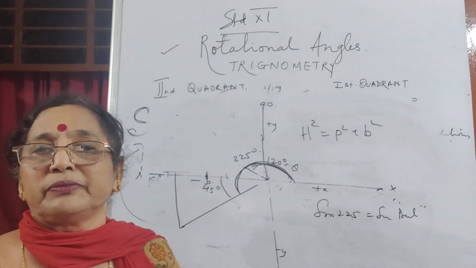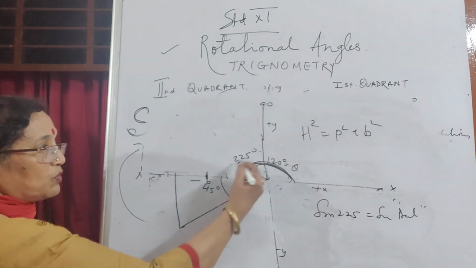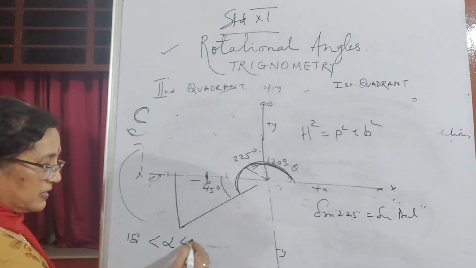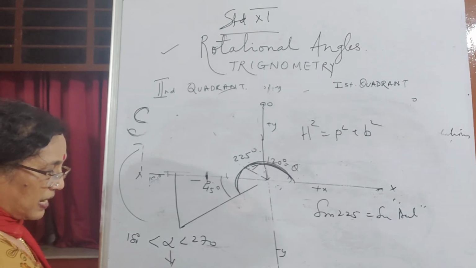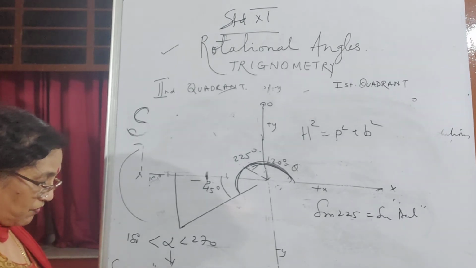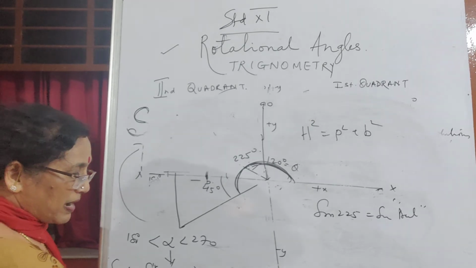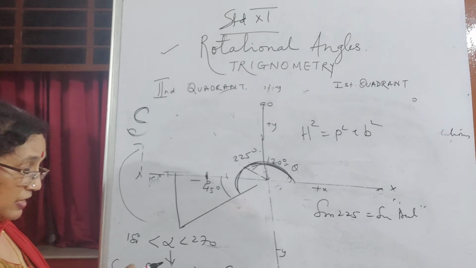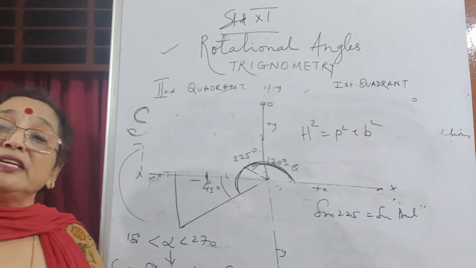So take an angle like 225, which is greater than 180 but less than 270, and write it as 180 plus some angle theta. Then sine of 180 plus theta will be minus sine theta. Cos of 180 plus theta will be minus cos theta.